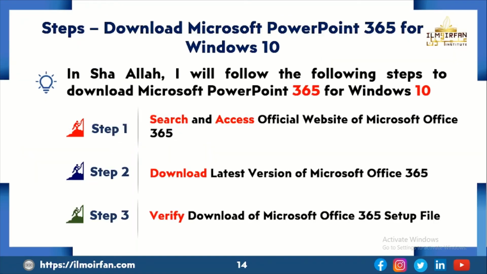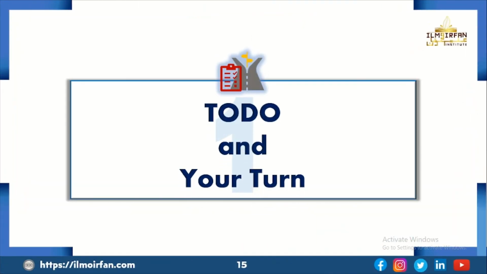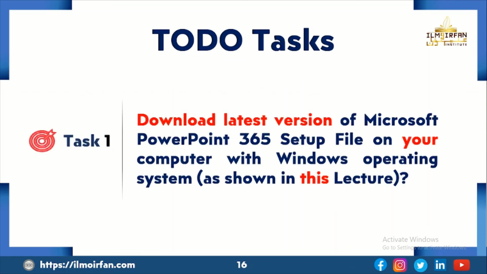To summarize, I used a three-step process to completely and correctly download the Microsoft Office 365 setup file for the Windows 10 operating system. Let's move to the first to-do and your turn task. The first to-do task is to download the latest version of the Microsoft PowerPoint 365 setup file on your computer with a Windows operating system as shown in this lecture.